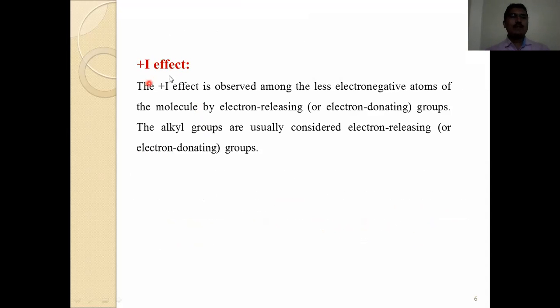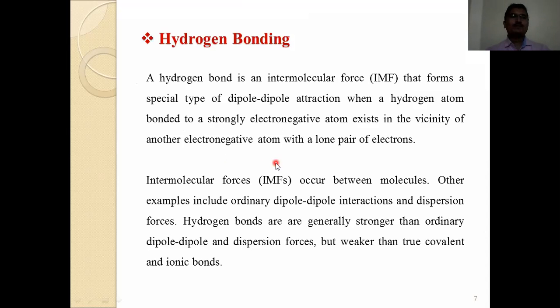The next point is the plus I effect. What is meant by the plus I effect? The plus I effect is observed among less electronegative atoms of the molecule, by electron releasing or electron donating groups. Alkyl groups are usually considered electron releasing or electron donating groups.